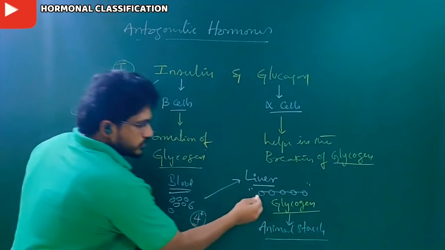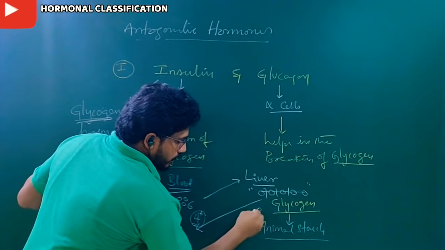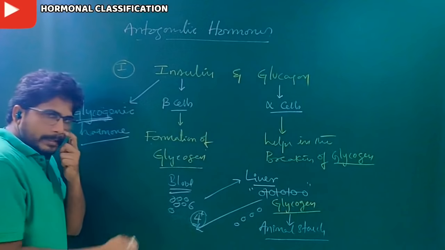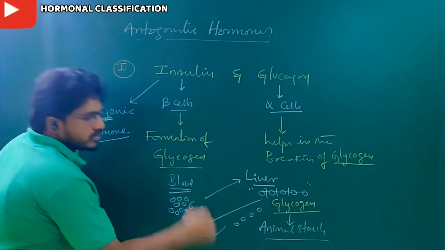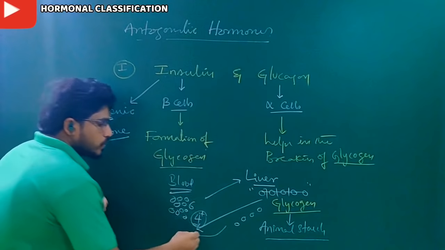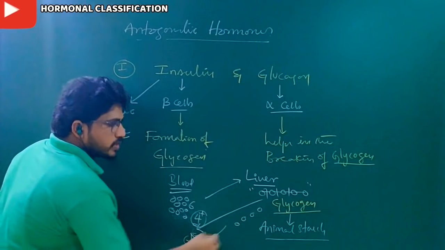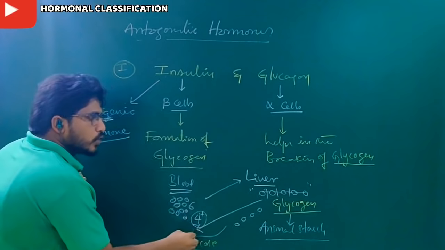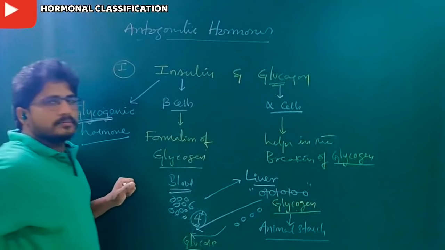So from the glycogen, it will be broken, then 1, 2, 3, 4. That number of molecules can reach the blood and maintain a sufficient value. So what is forming from the glycogen? Glucose. Who converts the glycogen into glucose? Glucagon.